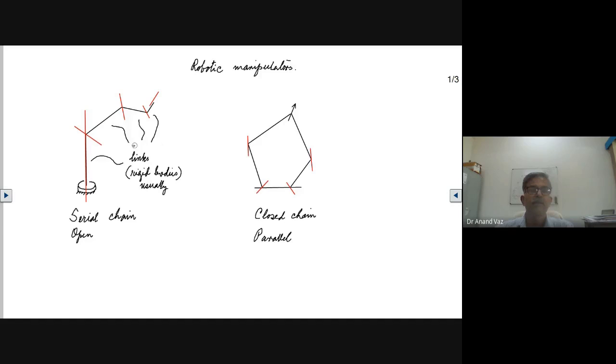And here we have joints. These are joints, and we may have different kinds of joints. We may have revolute joints, we may have prismatic joints.